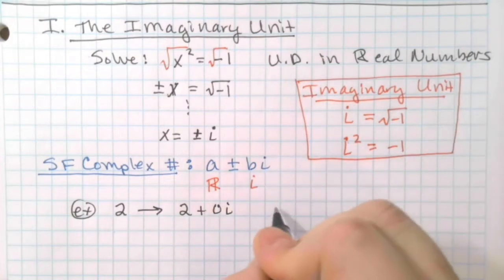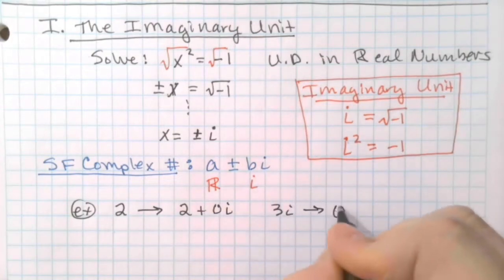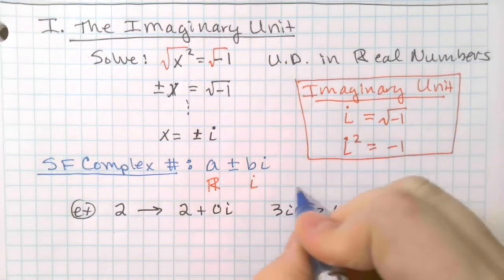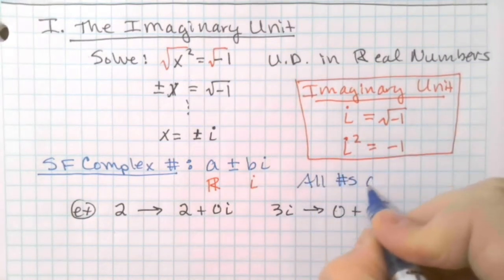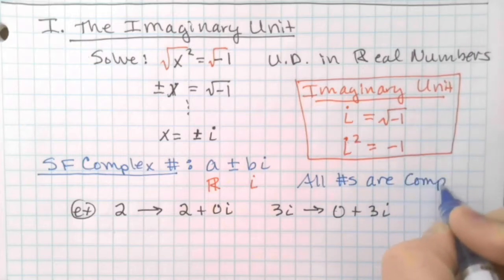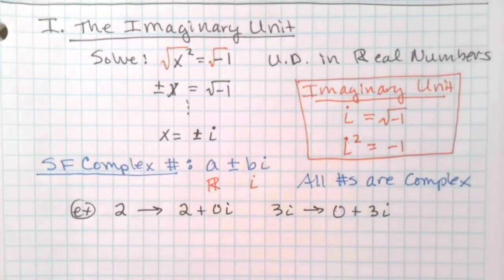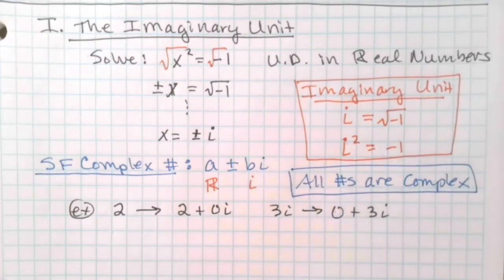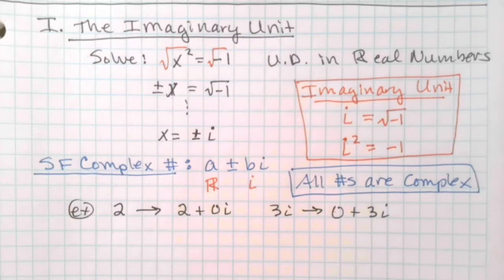I can write the number 3i as 0 plus 3i. In mathematics, though, typically when we refer to a complex number, we are specifically talking about numbers with the imaginary unit. But technically, all numbers are complex.